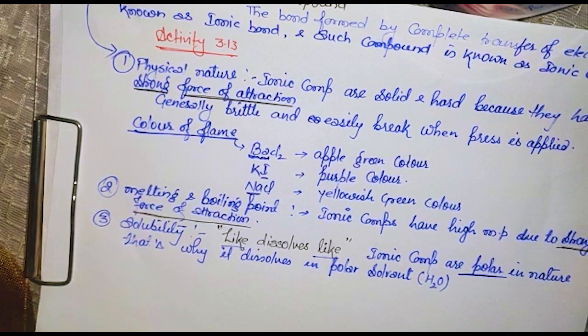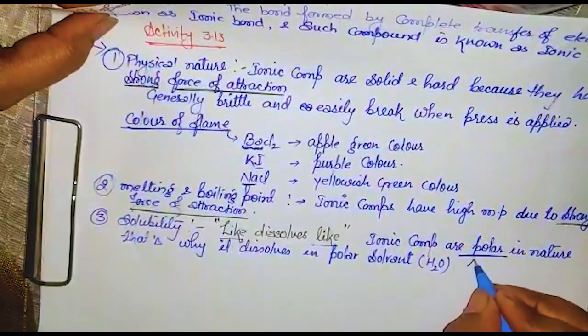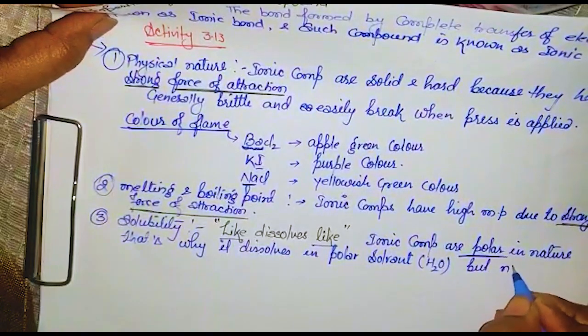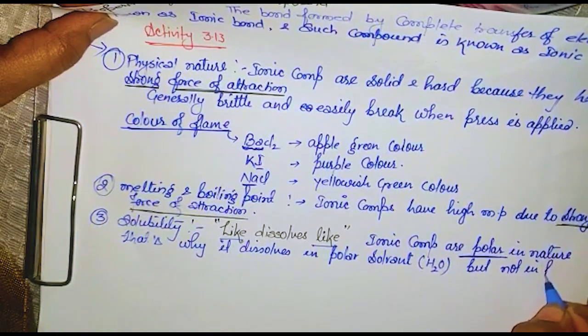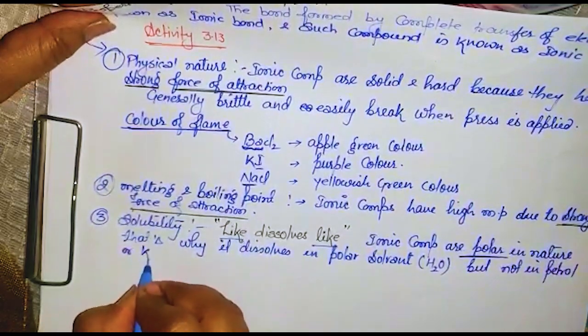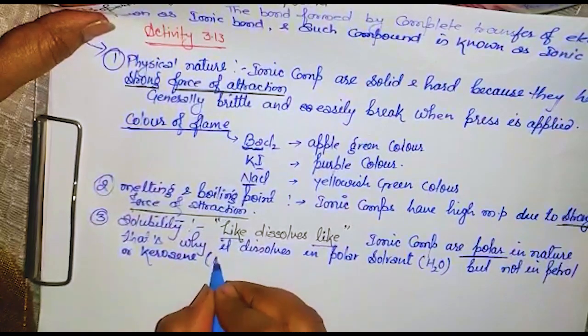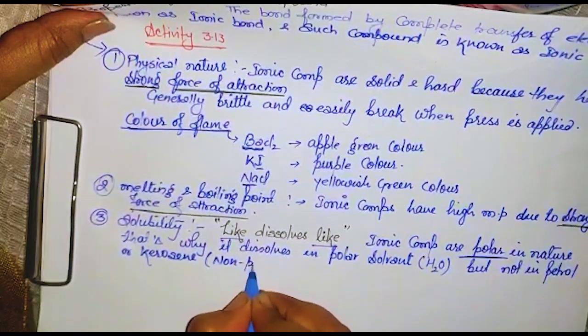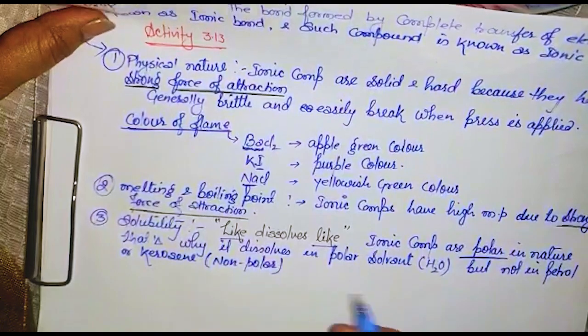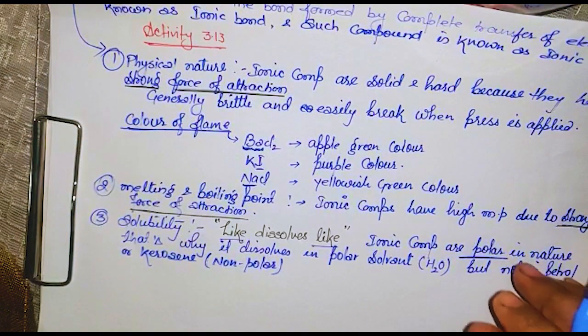So any ionic compound will be dissolved in water, got it? But not in petrol or kerosene. Why? Because petrol and kerosene are non-polar. What is non-polar? That means whenever you break the compound, you won't get positive and negative charge over there. I hope it is clear.